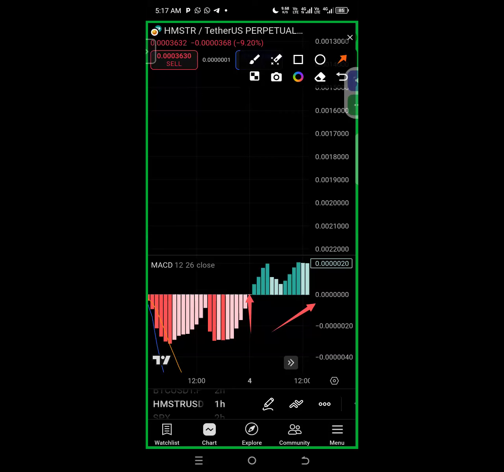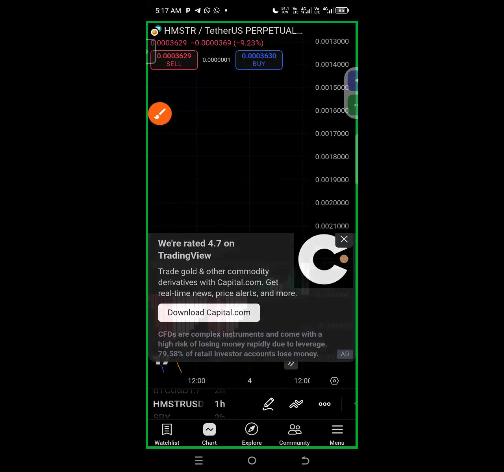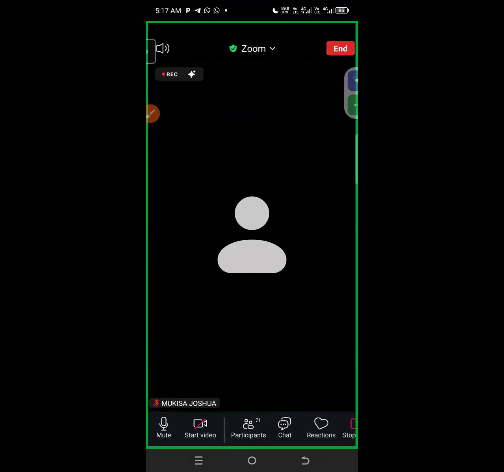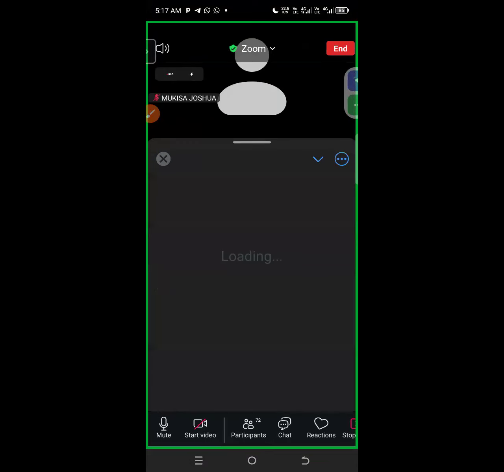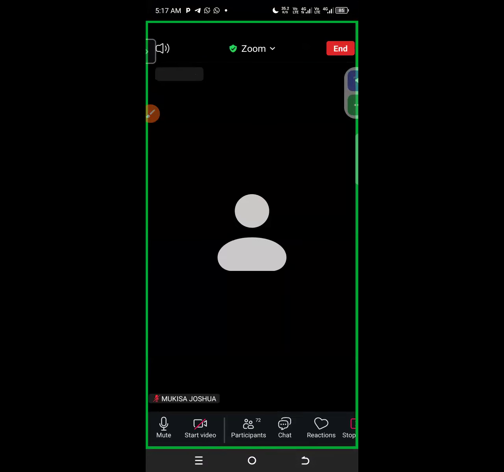Do you get it? We've moved from the signal line to the histogram. Do you get what we are saying? Do you get the point of discussion?